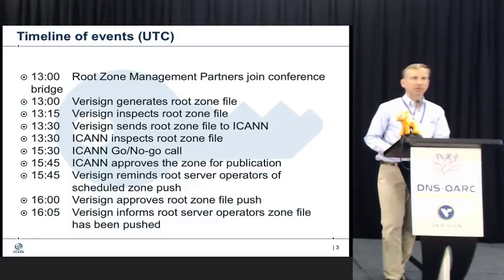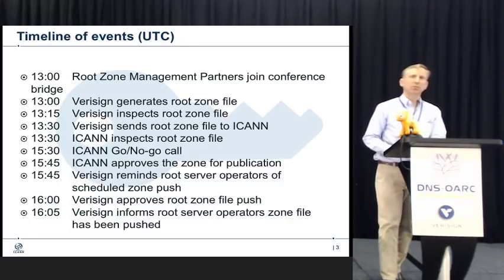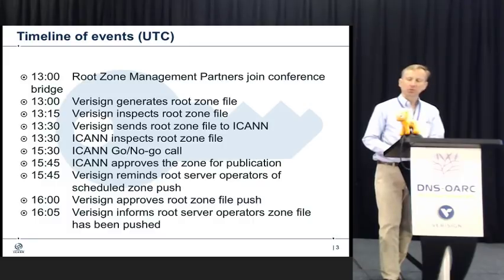The zone file gets generated, and I can't speak to VeriSign's processes, but at least on the ICANN side, there aren't humans involved in inspecting it. But we thought for this particular time, we should all take a really good look at it and make sure we were happy with it. So we built a lot of time into the schedule. Despite it being a momentous occasion, there was an awful lot of sitting around staring at each other while various people were doing things and other people were waiting.